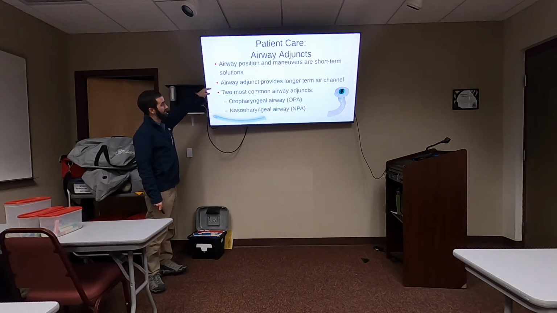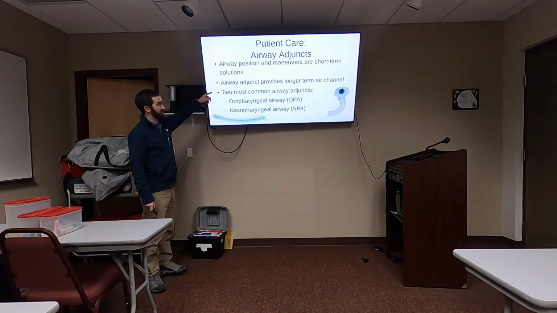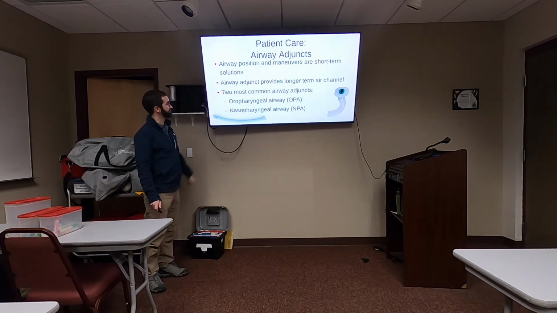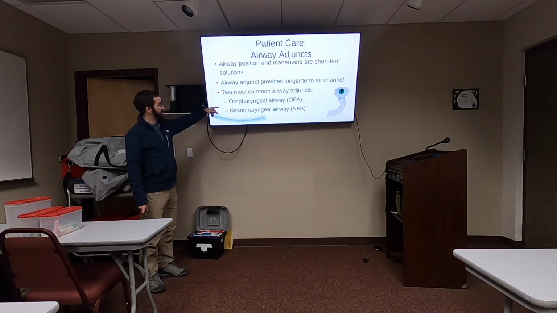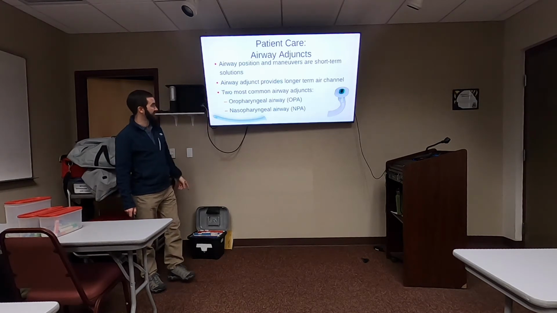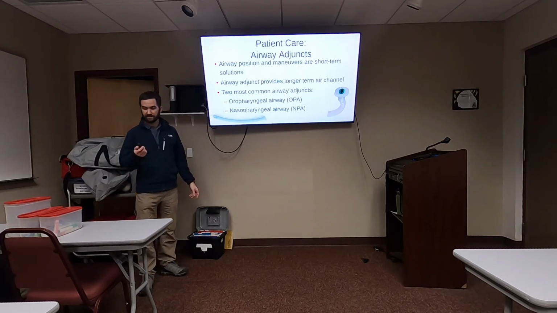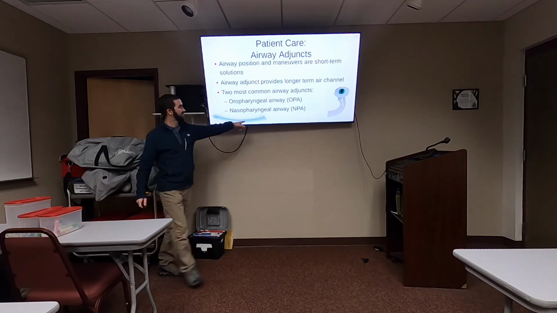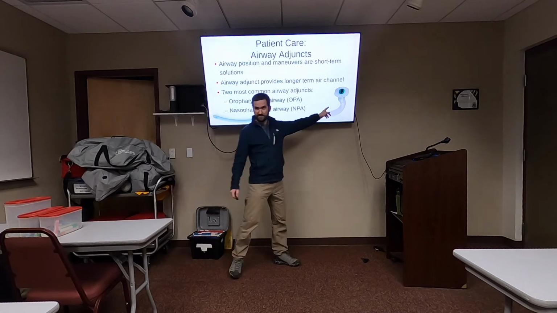So airway adjuncts can basically secure that airway better for a longer time. The two that you're allowed to use are the OPA and the NPA, your oropharyngeal airway and your nasopharyngeal airway. One goes in your mouth, one goes in your nose. This one is the NPA, and that one is the OPA.